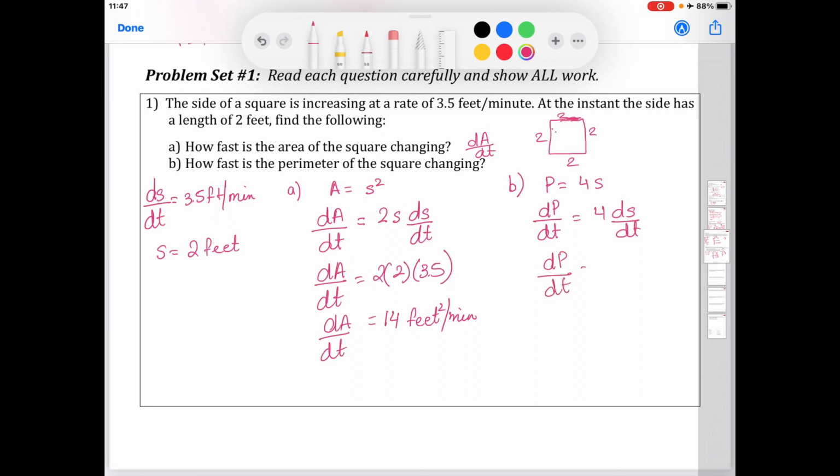So my dp/dt would be 4 times 3.5, which also happens to be 14. But remember, first of all, it's positive, which means the perimeter is increasing, and the perimeter represents a singular unit, right? So it's going to be just feet per, and it's a rate of change, so feet per minute.